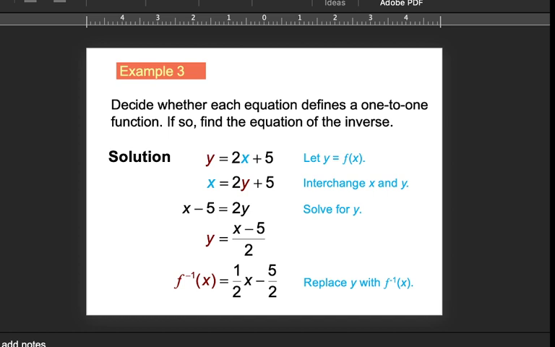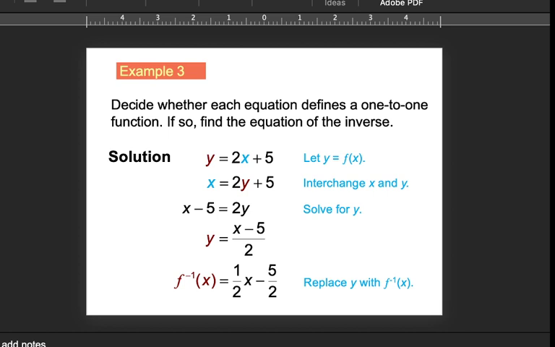If you look at the solution, the only thing that happened, following along down, was that there was a splitting, or 2 was divided into both x and negative 5. So in other words, I will rewrite this so that it mirrors what you see. This will be half x minus 5 divided by 2. That will equal f inverse of x. So that will be the final answer here.